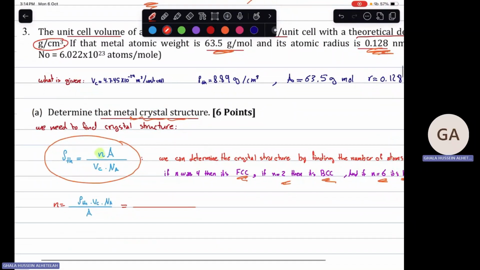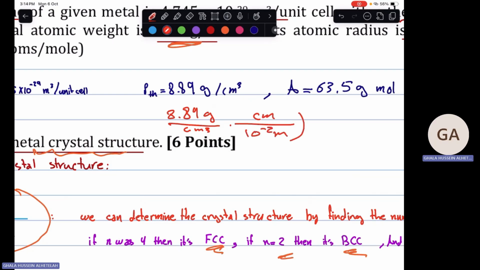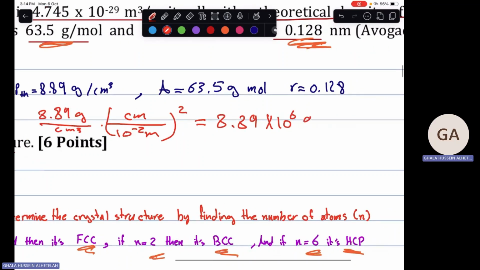So how can we convert it? 8.89 gram per centimeter cube. We can multiply it by 10 to the power minus 2 meter per centimeter, cubed. You will find that it is equal to 8.89 multiplied by 10 to the power 6 gram per meter cube.